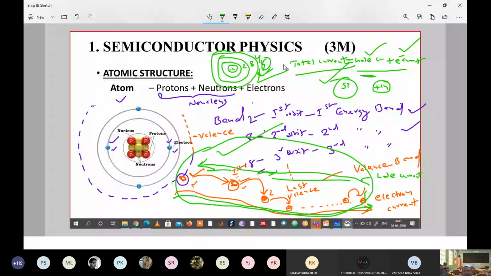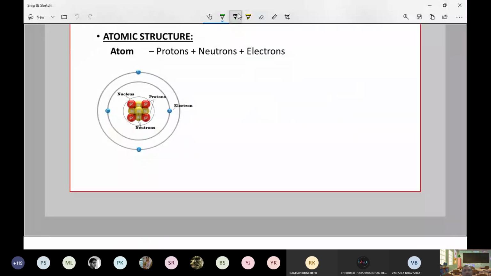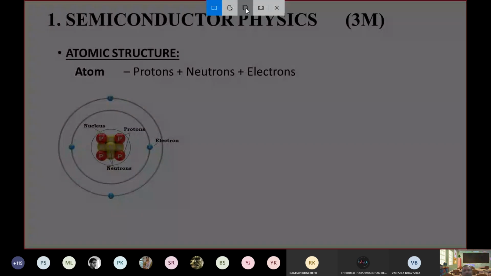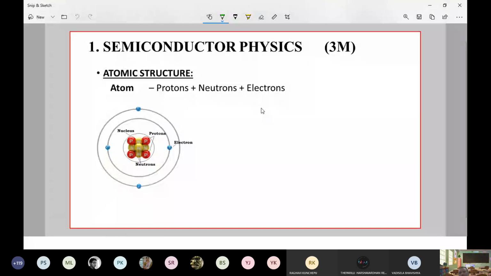The current generated in atomic structure is due to valency electrons present in the valency orbit.